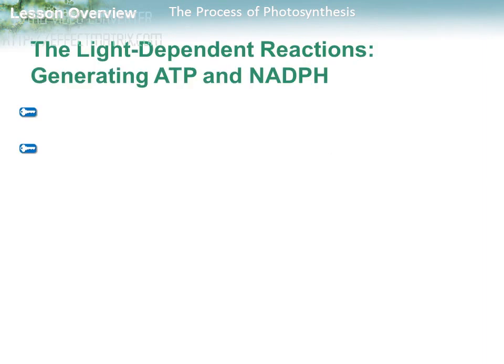Well, from the previous lesson, we have learned that photosynthesis involves two sets of reactions, the light-dependent reaction and the light-independent reaction. Now we will start with the light-dependent reaction. What happens during the light-dependent reactions?